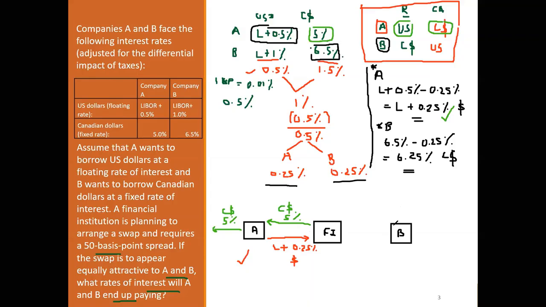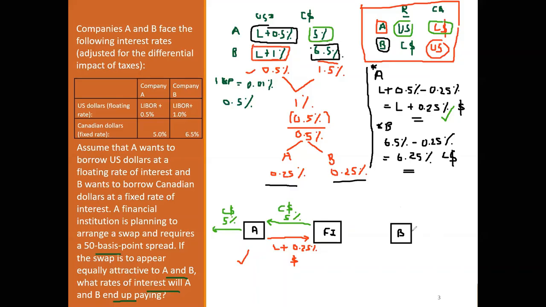Now look at it from the B side. Company B will borrow from the US dollar market because it has an advantage in that particular market. If B borrows from the dollar market, its cost is LIBOR plus 1%.